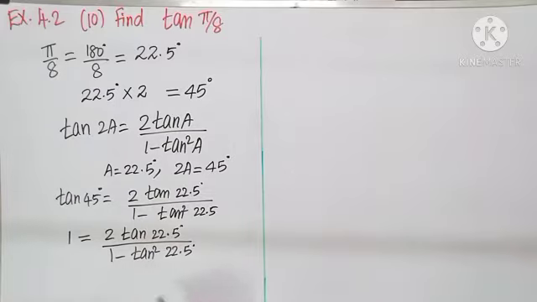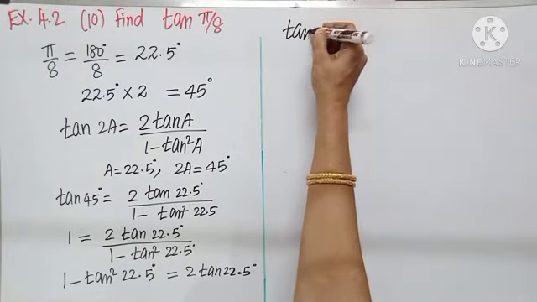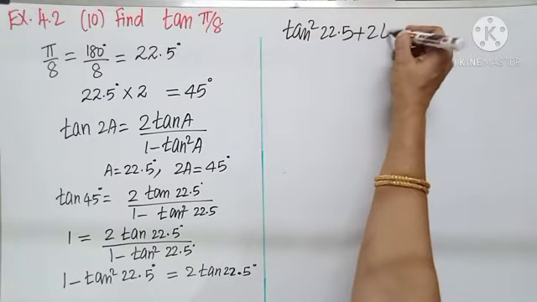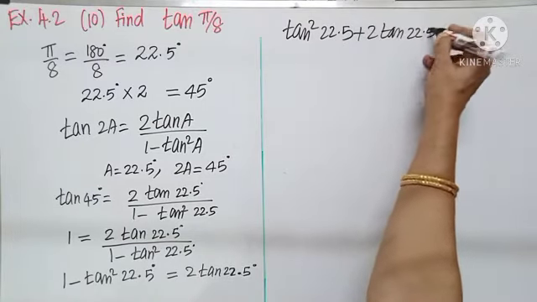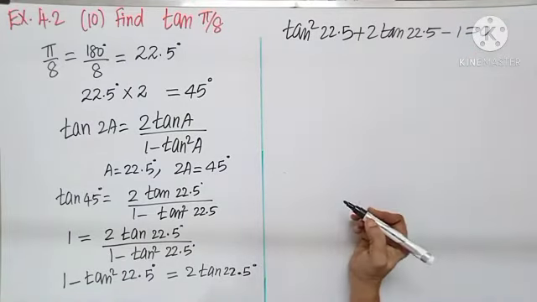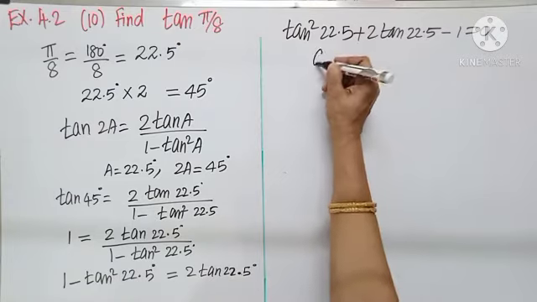Cross multiplying, we get 1 minus tan square 22.5 equals 2 tan 22.5. Bringing all the terms to the same side, I get minus tan square will come as plus tan square 22.5, plus 2 tan 22.5, plus 1 will come as minus 1, equal to 0. Now this is a quadratic equation.